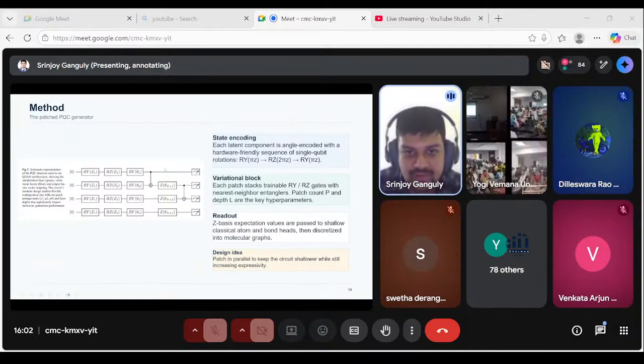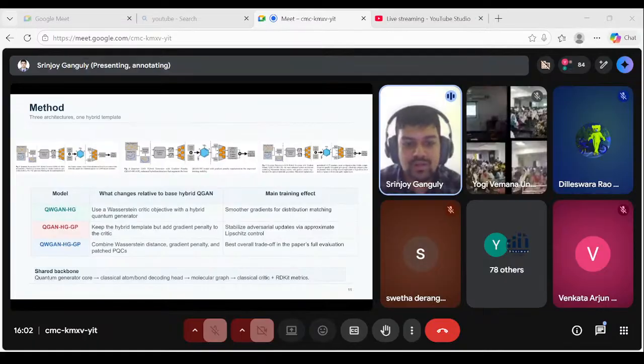This is important to note: this is one layer. If you see my arrow, it starts from the zero state for all qubits, then goes through all these gates, RY, RZ, C naught, etc., and then just before measurement, that's one layer of the PQC.